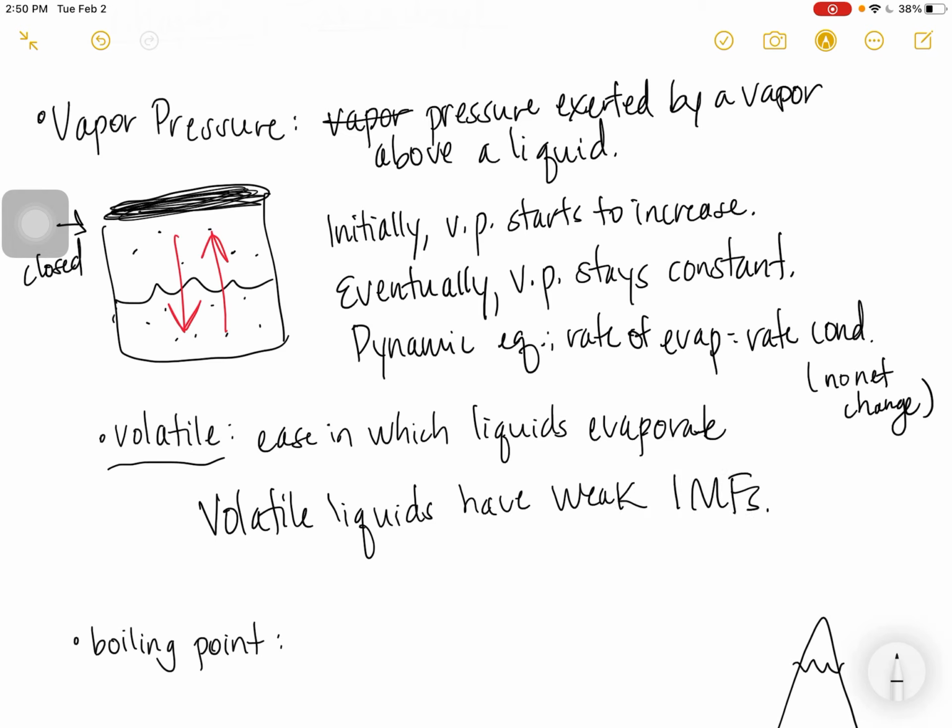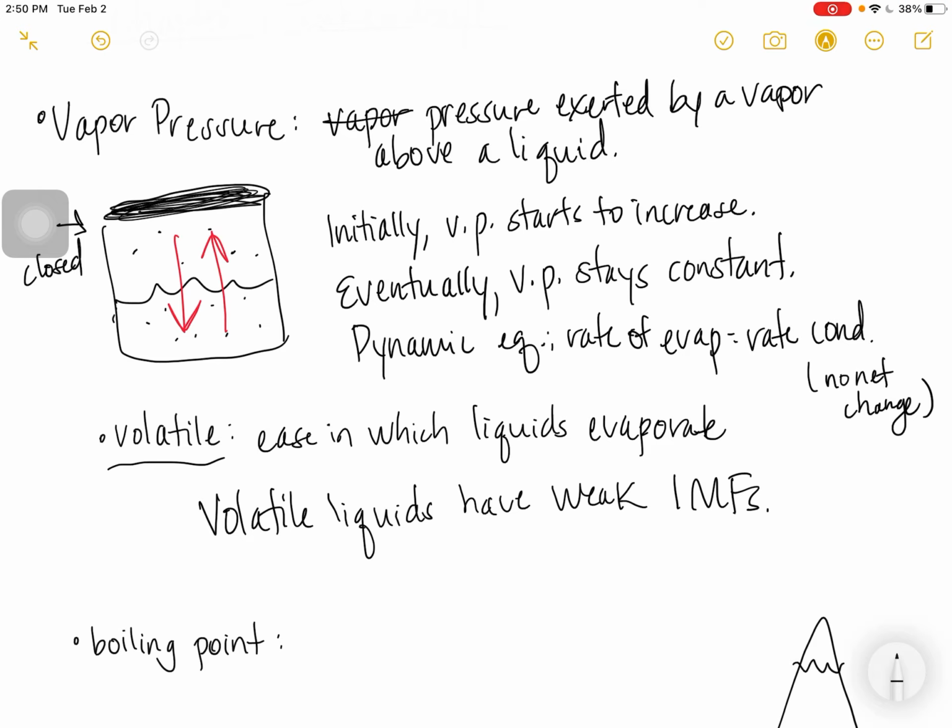Think about it, because to evaporate, you have to break those intermolecular forces. So if you have a substance that readily evaporates, those forces are being broken pretty easily, and that means that they're weaker. So for example, water is not considered volatile because it has such strong intermolecular forces. It takes a lot of energy to make water evaporate, but rubbing alcohol is very volatile. It evaporates very quickly because it has weak intermolecular forces.